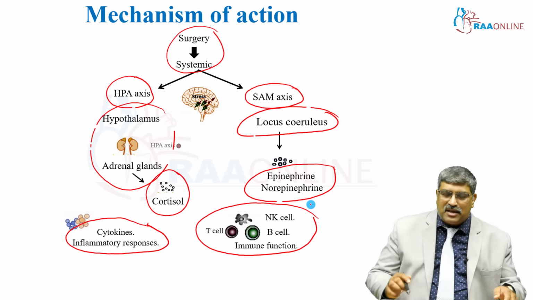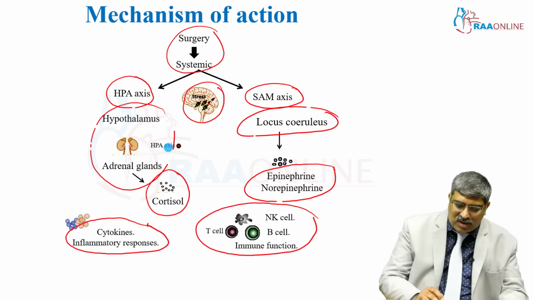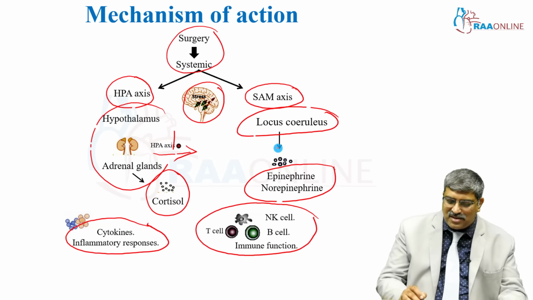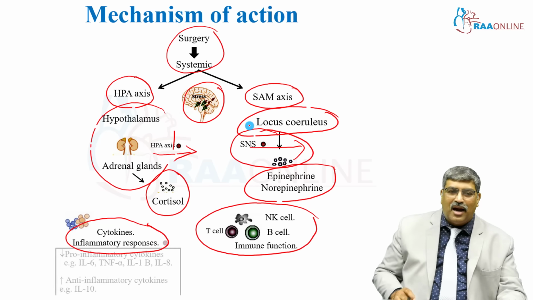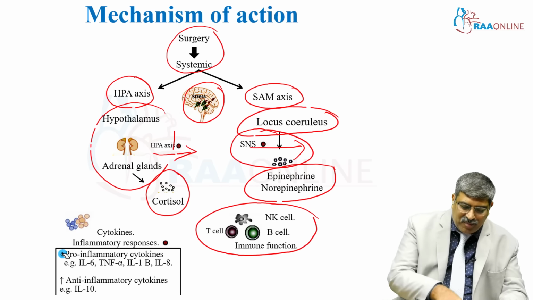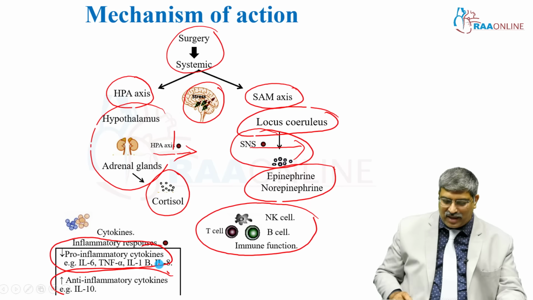Now, by giving dexmedetomidine, you are stimulating the alpha-2 receptor, you are suppressing the HPA axis, you are suppressing the sympathetic nervous system axis, and you reduce the inflammatory response. You decrease the pro-inflammatory cytokines and increase your anti-inflammatory cytokines.